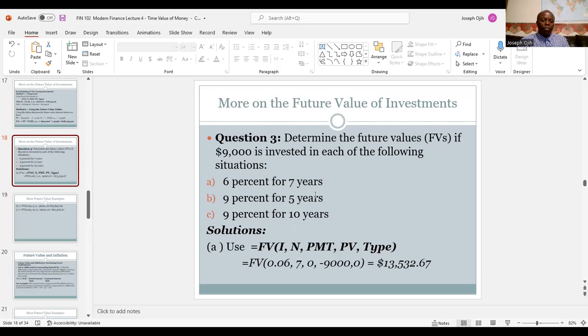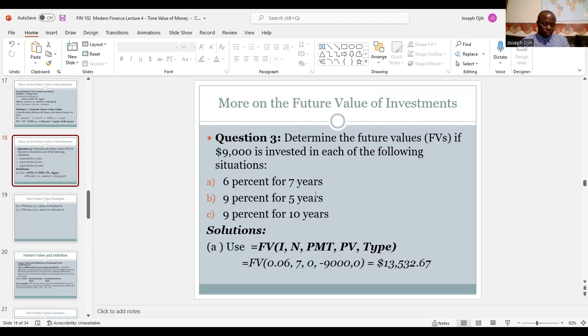It says 6% for 7 years. In that case, interest is 6%, which in decimal form is 0.06. Number of periods is 7 years. Payment, there is no payment, so it's 0. Present value, which is the amount that is invested, is $9,000.